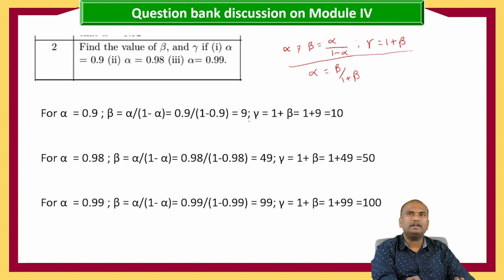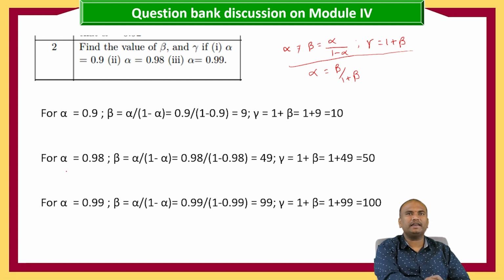This is the beta value. And gamma is equal to 1 plus beta, that is 1 plus 9, which is 10. These are all ratios, so there are no units for alpha, beta and gamma.